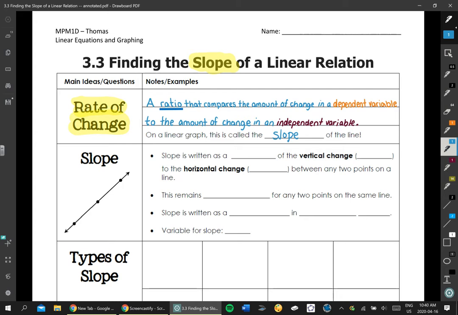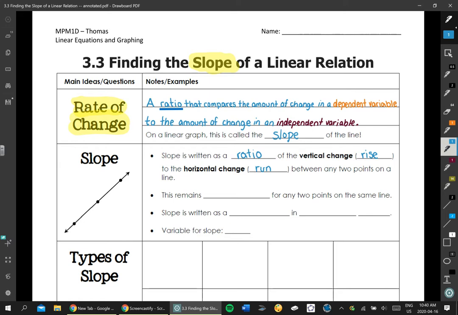So again, slope is written as a ratio. Remember, a ratio is just a comparison of two quantities. So it's a ratio of the vertical change, which we will call the rise, to the horizontal change, which sometimes we call the run, between any 2 points on a line.